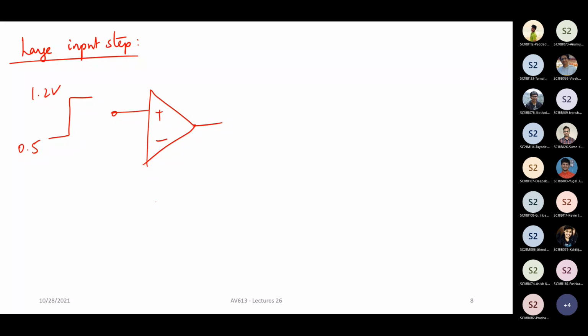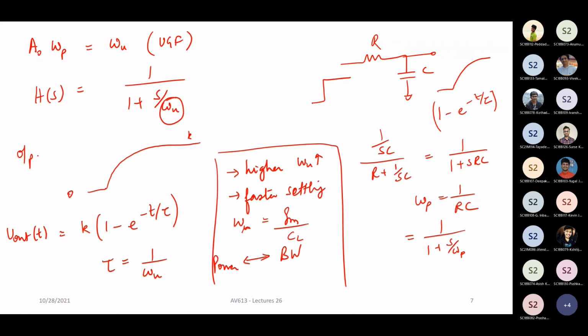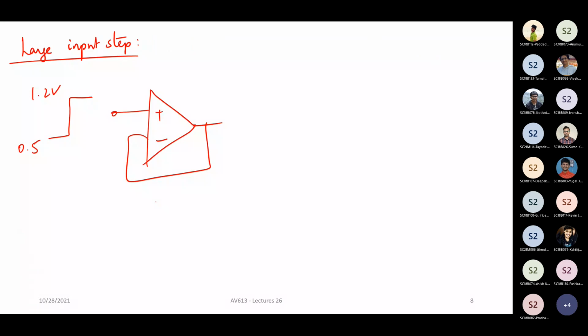It's a large step. Now what will happen? If you look at this op amp, first of all, your output initially is at a lower voltage. So let me just say 0.2 to 1.2.